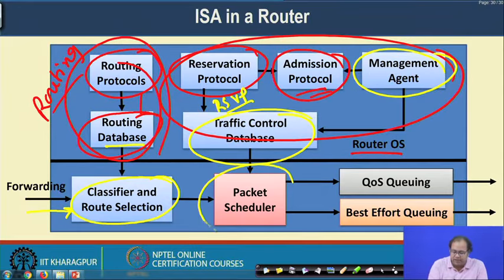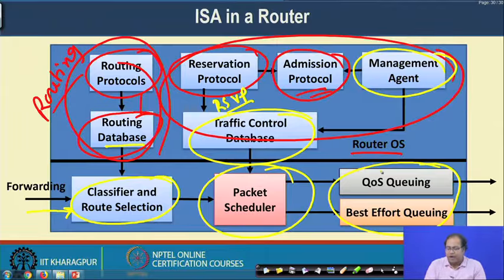Then comes your packet scheduler. The packet scheduler gets input from the route information as well as from the traffic control database, on how your packets need to be treated, and then it puts the packet in one of the queues, either the best effort queue, or one of multiple queues for the quality of service traffic, the QoS associated queuing.